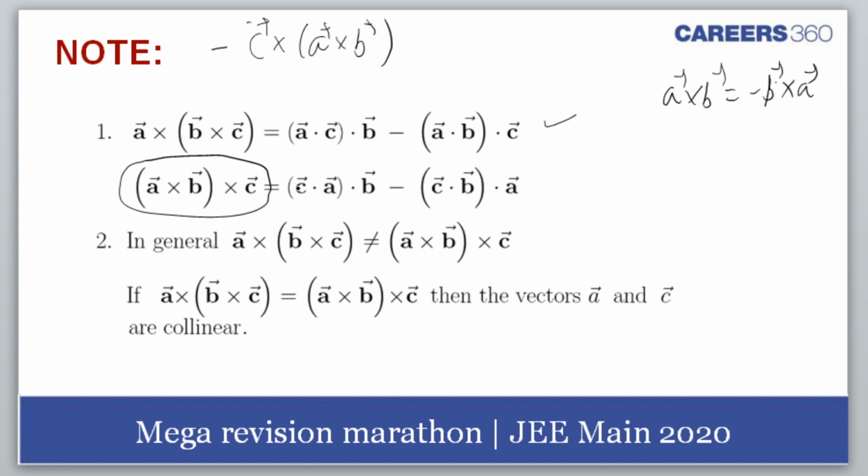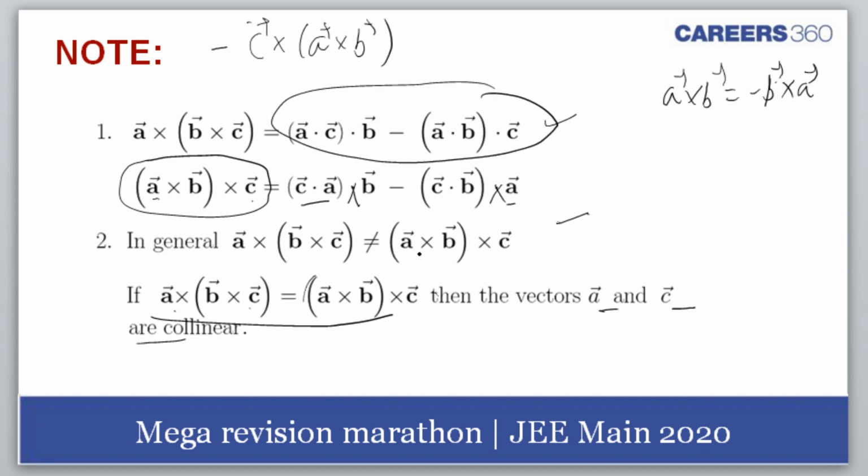So when we write this, I get C dot A, and this again no dot is there, minus C dot B into A. In general we don't have these equal, and if we have these two equal, then the vectors A and C are collinear. Why? Because A cross B cross C is this, and A cross B cross C is this.